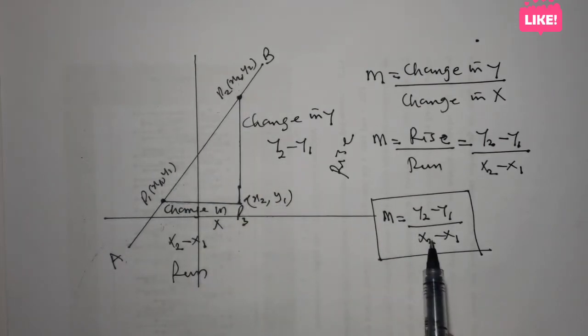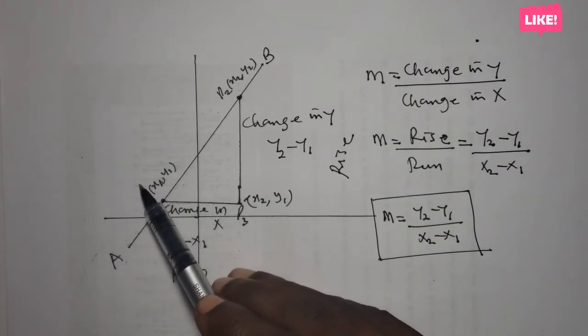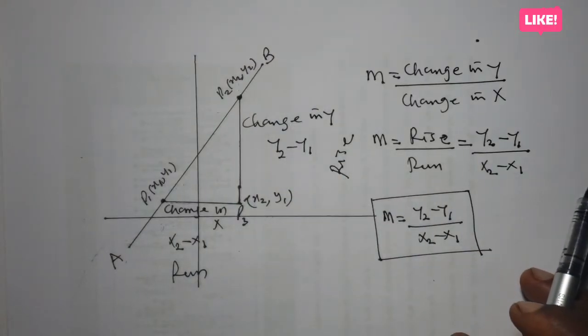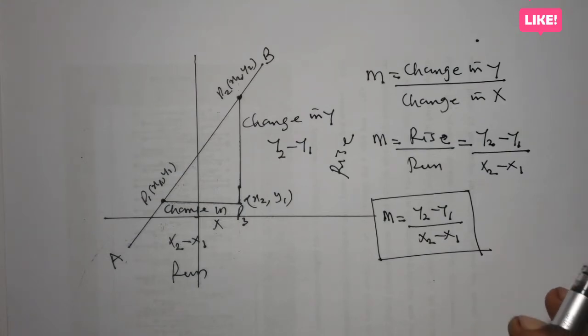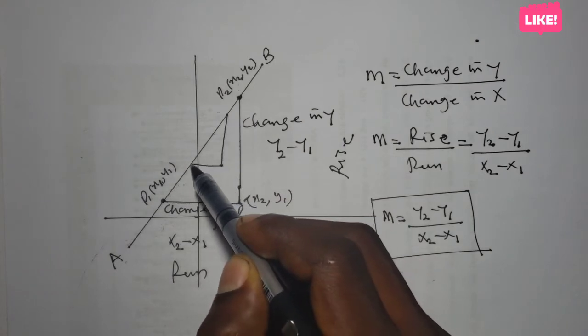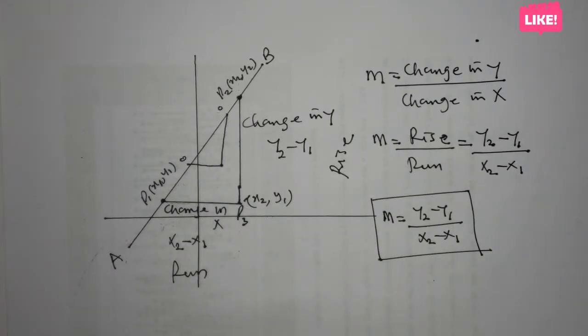If you choose to use this other point as your x2, y2, and this as your x1, y1, that would not change the value of your slope. Also, if you choose to make this triangle smaller by choosing two other points, that again will not affect the value of our slope.